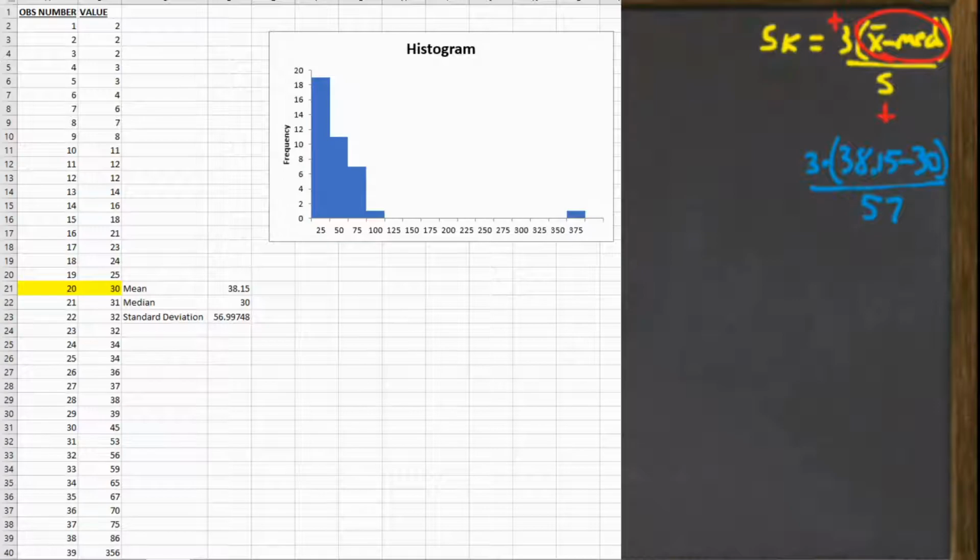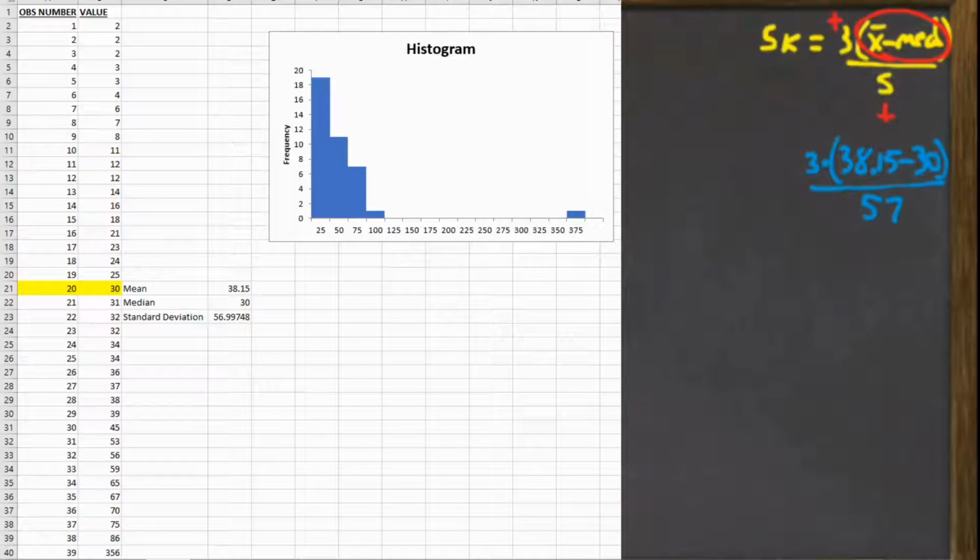So how spread out is this data in general? Here we're really measuring the distance between the mean and the median relative to the standard deviation. And this concept of comparing things to the standard deviation is going to pop up again and again as we go throughout the class. A way to kind of bring it into context, right?